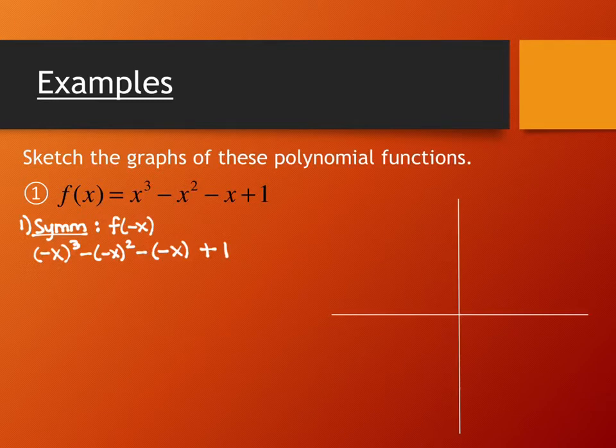We've done a couple of these already, or at least we've talked about them on the previous slides. What happens when I take negative x times itself 3 times? I think it stays negative, right? So this will be a negative, and it'll be negative x cubed. Now, this negative comes down automatically. What happens when I have negative x squared?